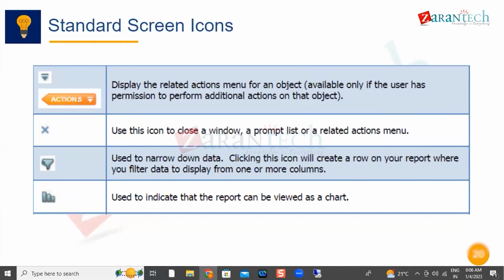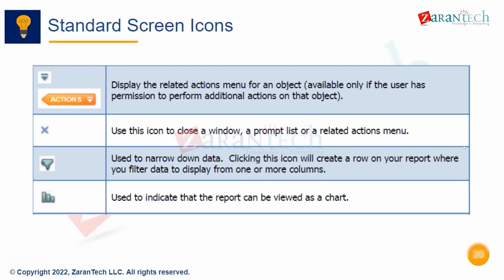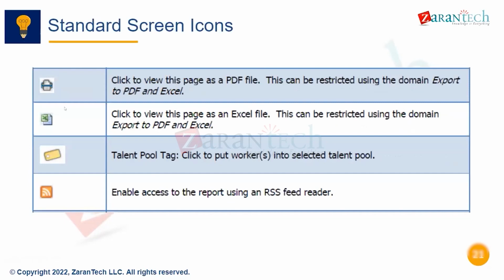So there is something called action. This is the close button. We know it. Filters, indicators. You can see the symbols and you can figure it out. Drop downs. You can figure it out just by seeing. You just go through all this. This is printer, Excel, text. So just go through all the symbols.